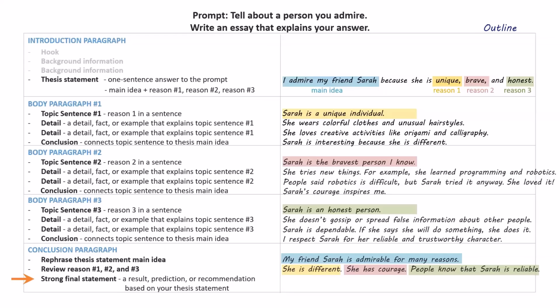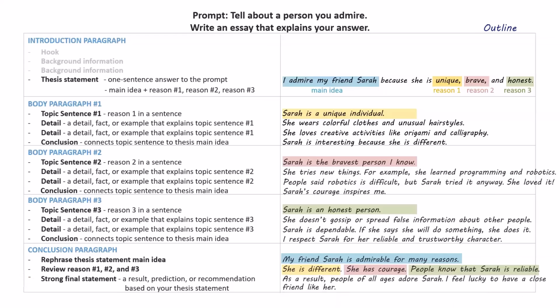There are other types of last thoughts or final statements as well, but for me, those 3 types are the easiest ones I can use to make a strong final statement that isn't overly cliche. As a result, people of all ages adore Sarah. I feel lucky to have a close friend like her.